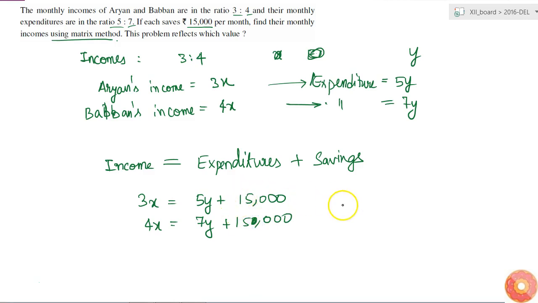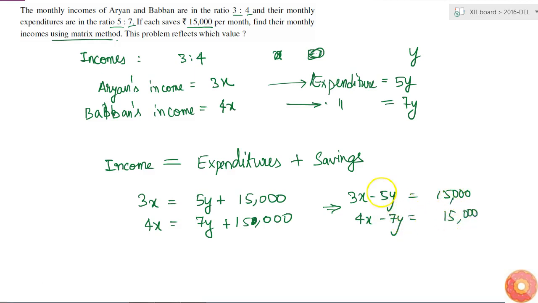So I can also write it in the form of two linear equations, that is 3x minus 5y is equal to 15,000 and 4x minus 7y is equal to 15,000. Correct?